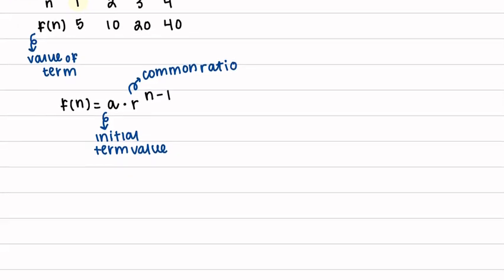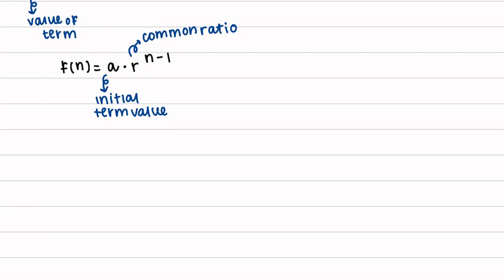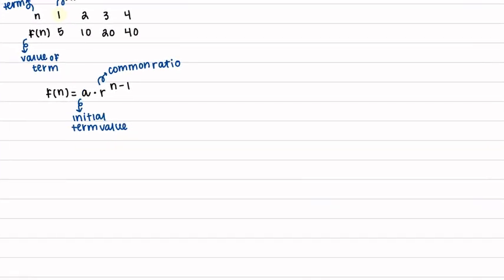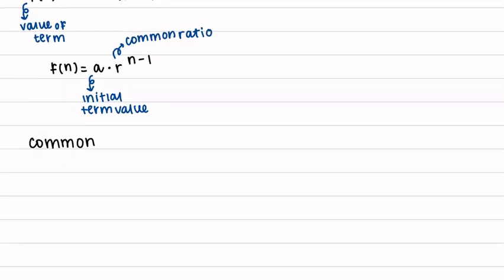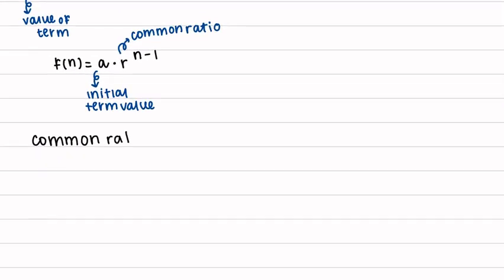So let's go ahead and write for this one. One last thing we need to note is that in order to identify the common ratio, the common ratio r is equal to f of n divided by f of n minus 1, meaning a term value divided by its previous term value.